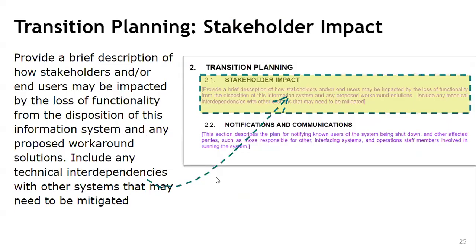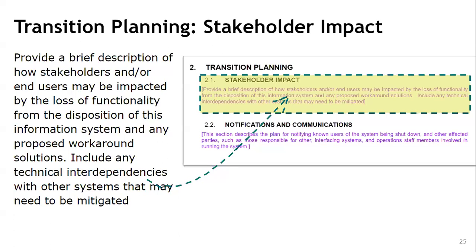Coming to the transition planning. Now let's cover the transition planning. Here we have a subcomponent, which is stakeholder impact, notifications, and communications. Here we need to provide a brief description of how stakeholders or end users may be impacted by the loss of functionality from the disposition of this information system.